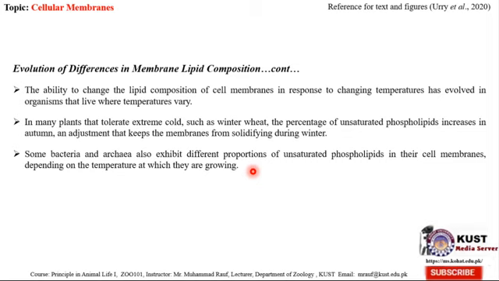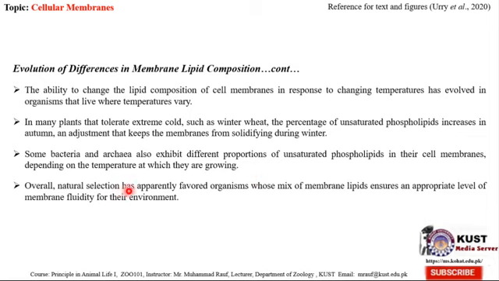So now we have come across a new concept that the organisms have the ability to manipulate the composition of the plasma membrane depending upon the environmental conditions. So this is an evolutionary adaptation.